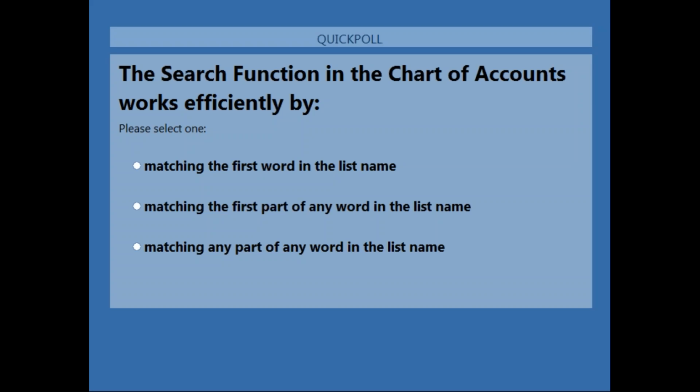So if you've been working with QuickBooks for a while, you sort of know how the search behaves. It improved, I think it was last year it improved. So it's the same way here on the list. Or does it find matches in the first part of any word of a chart of accounts list name? Or does it find matches in any part of any word of a chart of accounts list name? This is hardly fair because I didn't give you enough information to go on for that.